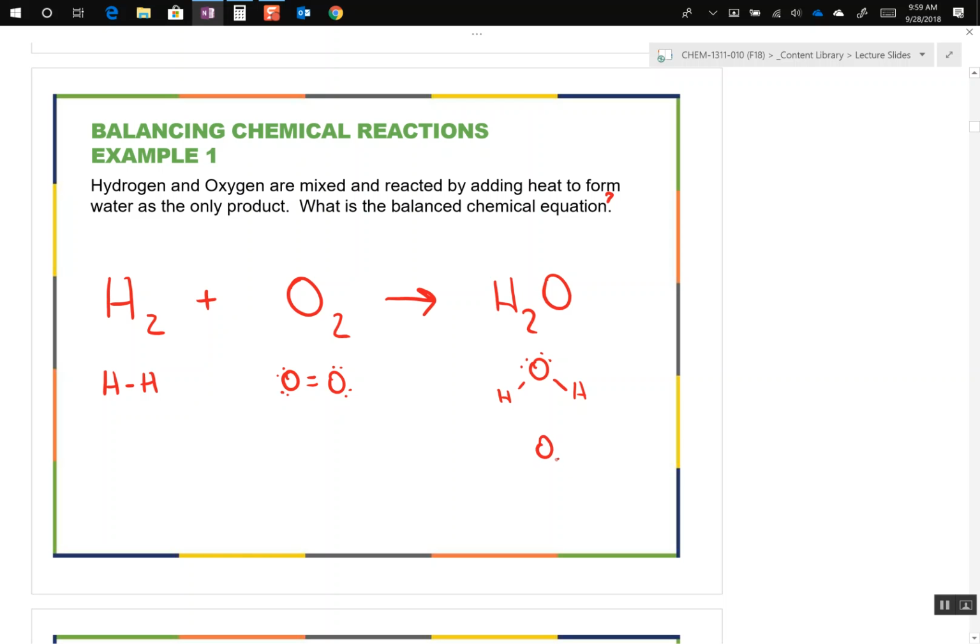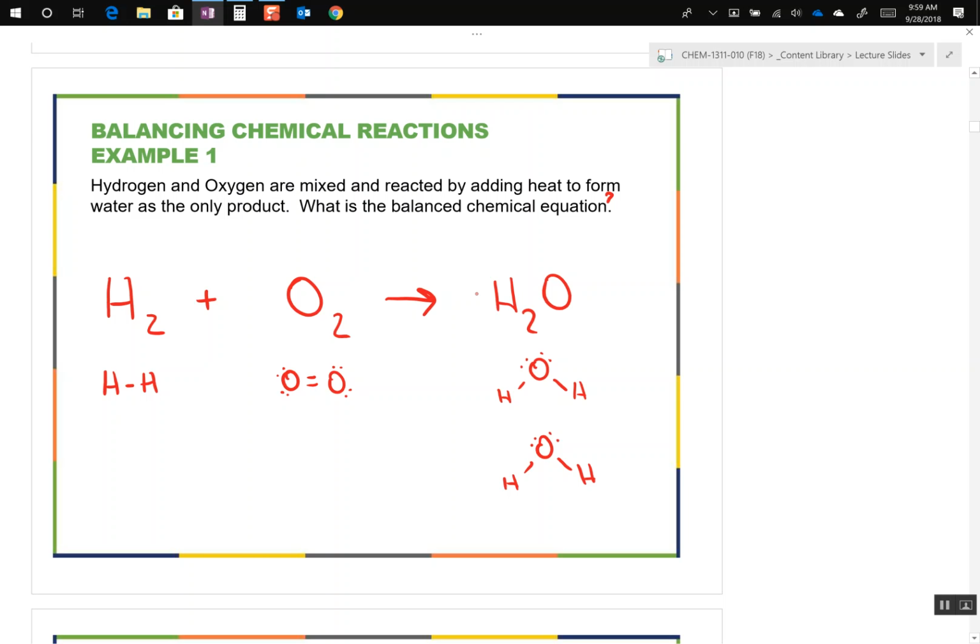Right? Do you get that? Do I have 2 oxygens now? Now I have 2 oxygens, right? 1, 2. So I can't just change that subscript. The only thing I can do is add more of an entire molecule. That's how I balance things, by adding more of the entire molecule on both sides of the reaction.